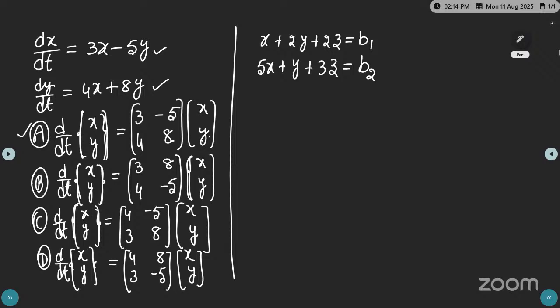Which of the following is true regarding its solutions?